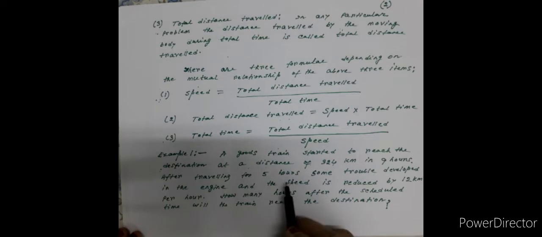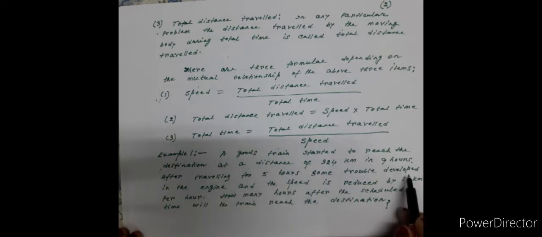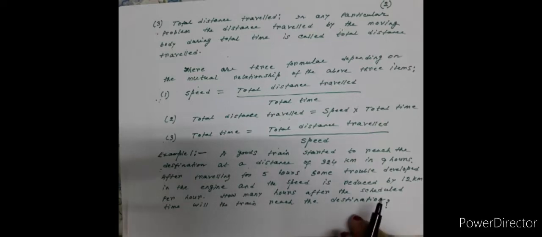After travelling for 5 hours, some trouble developed in the engine and the speed is reduced by 12 km per hour. How many hours after the scheduled time will the train reach the destination?